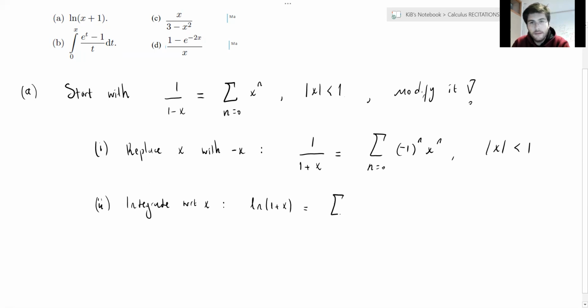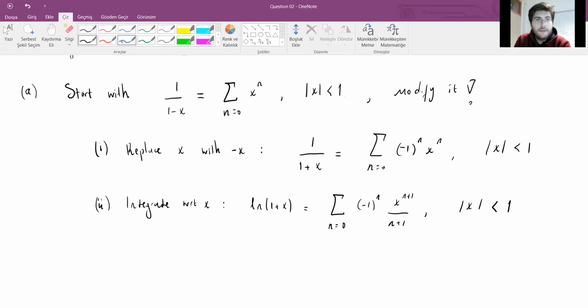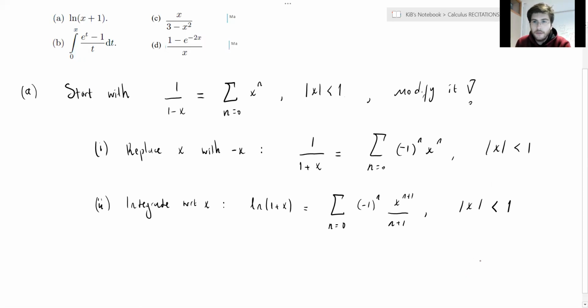And on the right-hand side, we have term-by-term integration, and of course we have an expression like this, with the same domain of convergence. But we should be careful. This domain of convergence may not be enough. We should be careful over here.